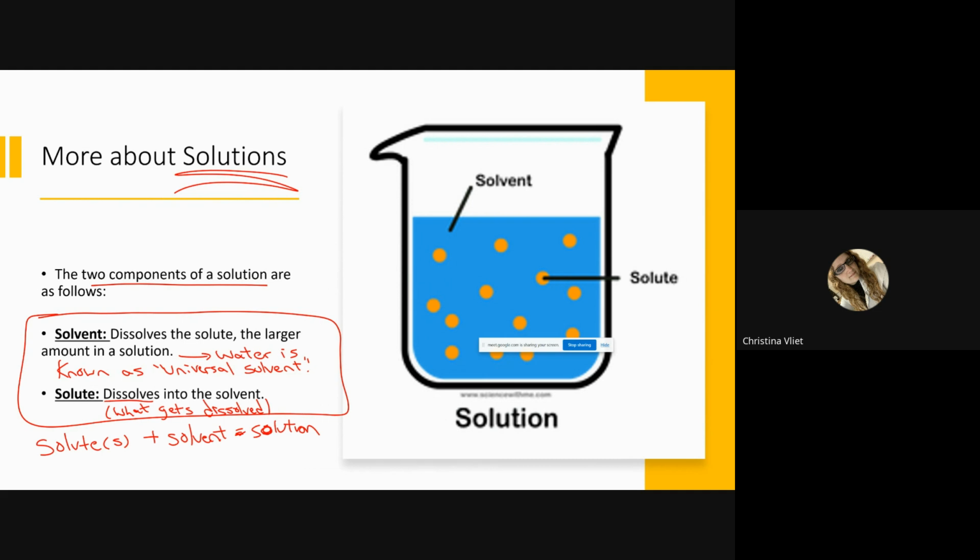You should have the definition for solvent, the definition for solute, and then you should also write the formula. Notice I put the S in parentheses because you could have multiple solutes. Any solutes you have plus the solvent always equals your solution. So that's technically a formula. You can use that formula to add mass or add volume to figure out an amount of solution.